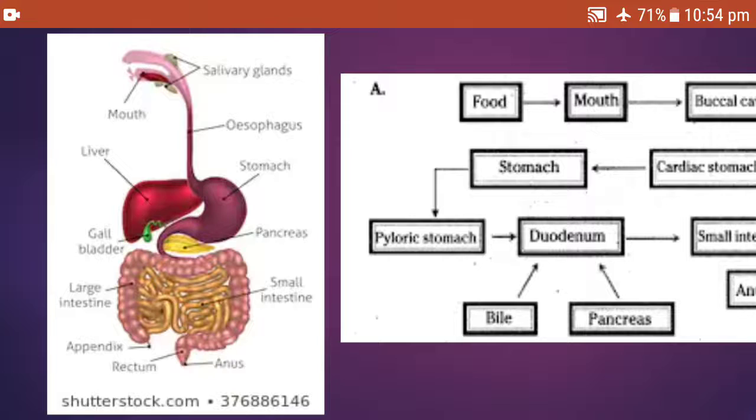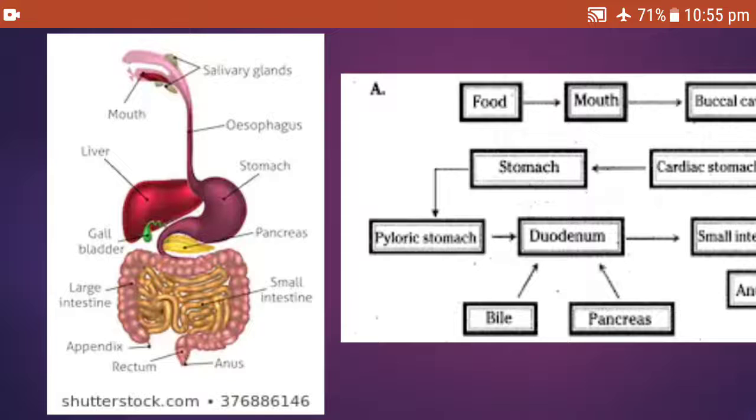And then it enters into the stomach. There are sphincters present in the stomach at the place where the esophagus and stomach join, and also at the place where the duodenum and the stomach join. These sphincters act like valves and allow the inflow of the food.